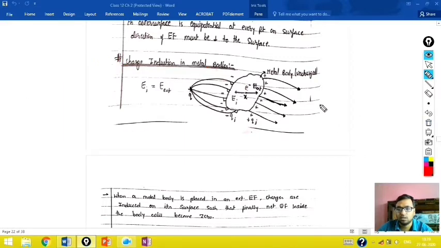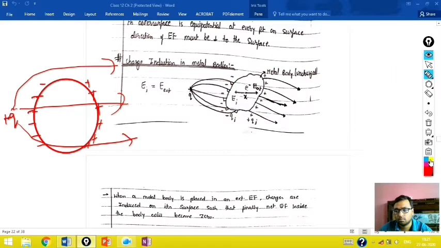As you can see in this diagram as well, here we have a metallic body, and some negative charge has been produced over here and positive charge has appeared on the right hand side. In this diagram I have mentioned the same thing.